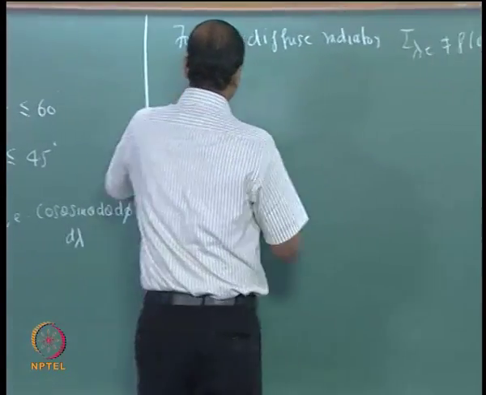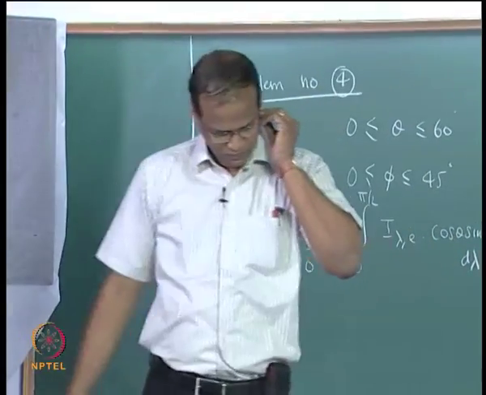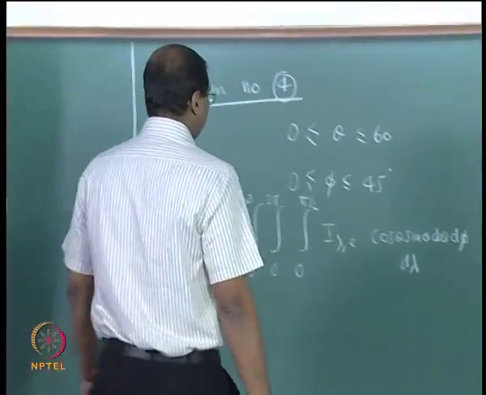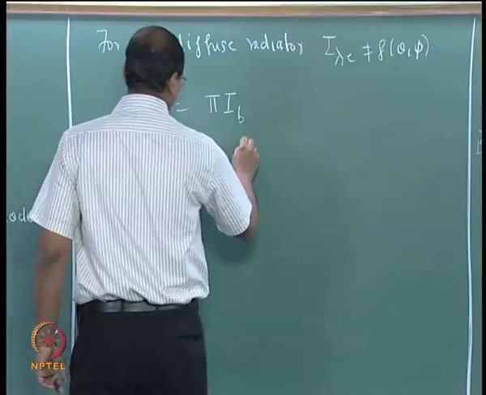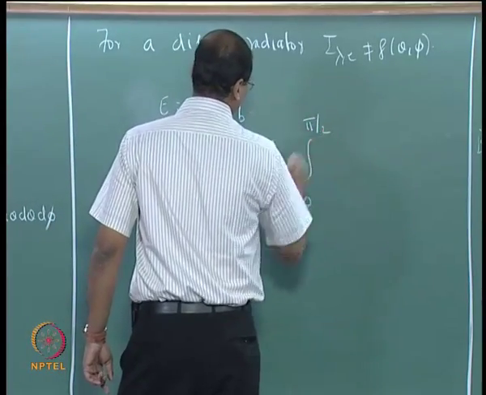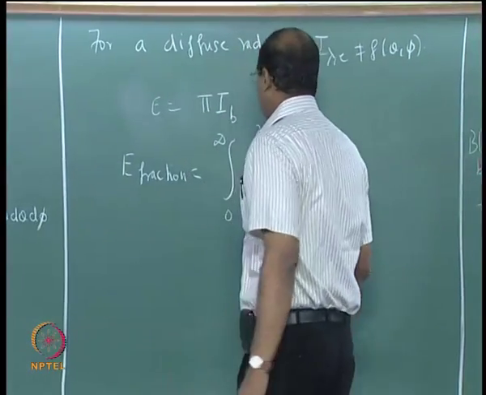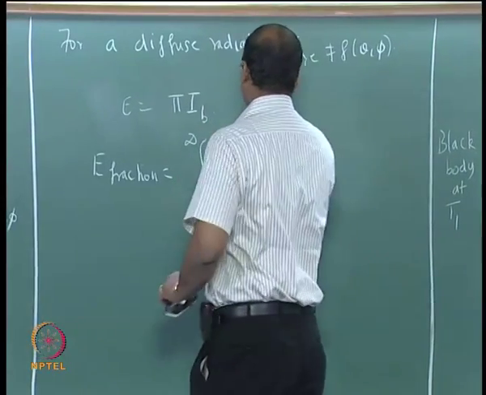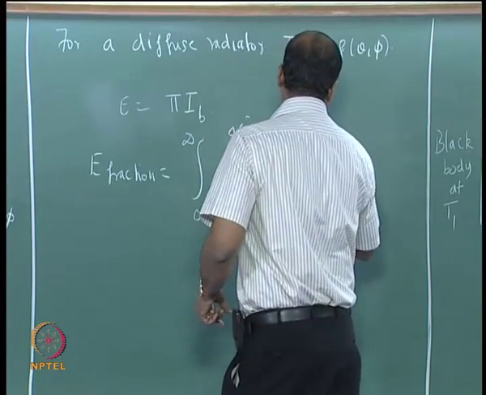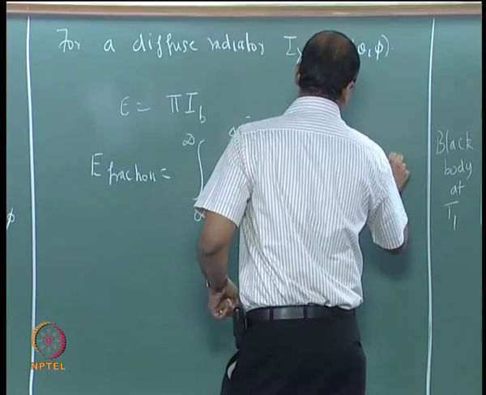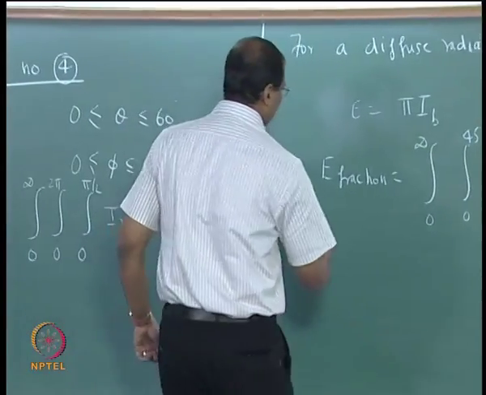So E is correct. So what is E fraction? Okay, you want that fraction. So I lambda E can be taken out.